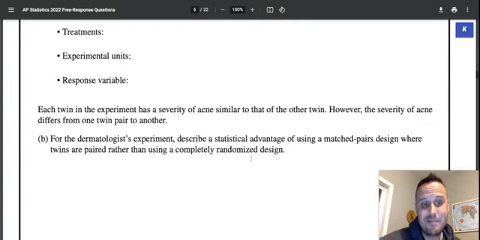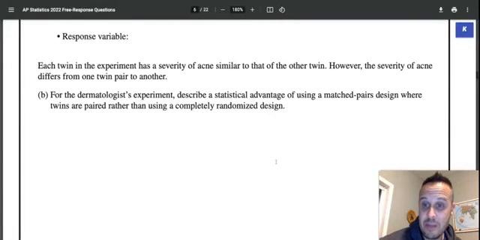Well, it basically accounts for the differences in severity of acne from one twin pair to the other, because by doing matched pairs, since the two twins have similar acne, then if they end up with different acne afterwards, we're just looking at which one has had a greater improvement rather than just lumping in all this variability, right?